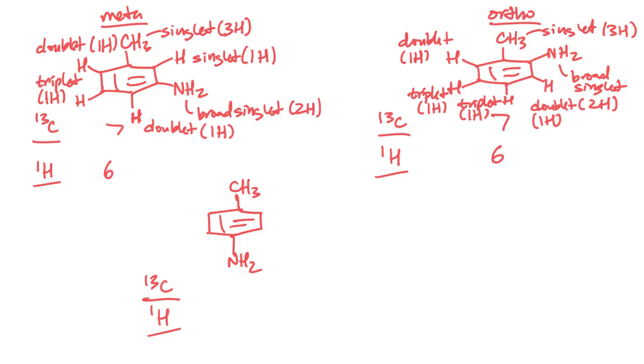This will have 5. Now we've taken the symmetry plane and it's orthogonal to the plane of this board. So the mirror plane is here. In doing so, that's a unique carbon. So we start our count as 1. That's unique, so that's 1.